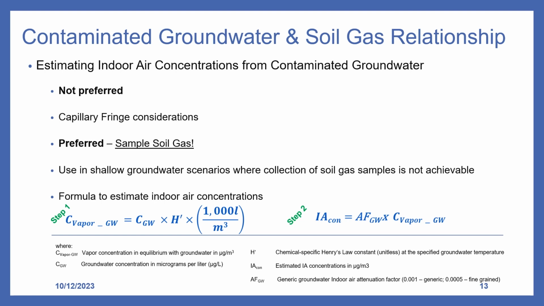EPA recommends using 0.001 for generic scenarios, meaning all soil types, fine to coarse grain. But if you have really good control of your strata and it is a clay deposit and pretty continuous throughout your site, a 0.0005 generic attenuation factor is appropriate to be used.